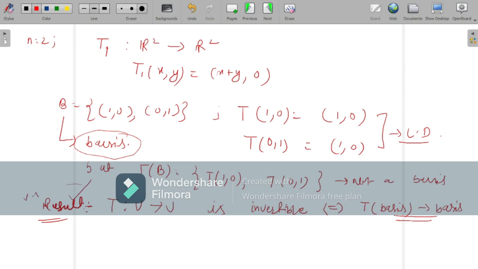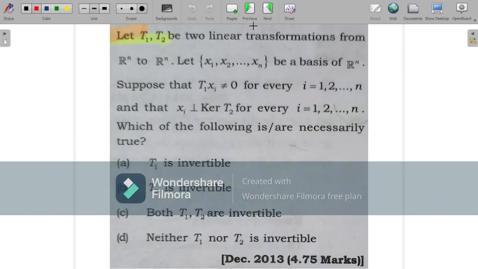So this result is a very important result. This implies that T1 is not invertible. So the first option A is wrong, and the third option C is also wrong.